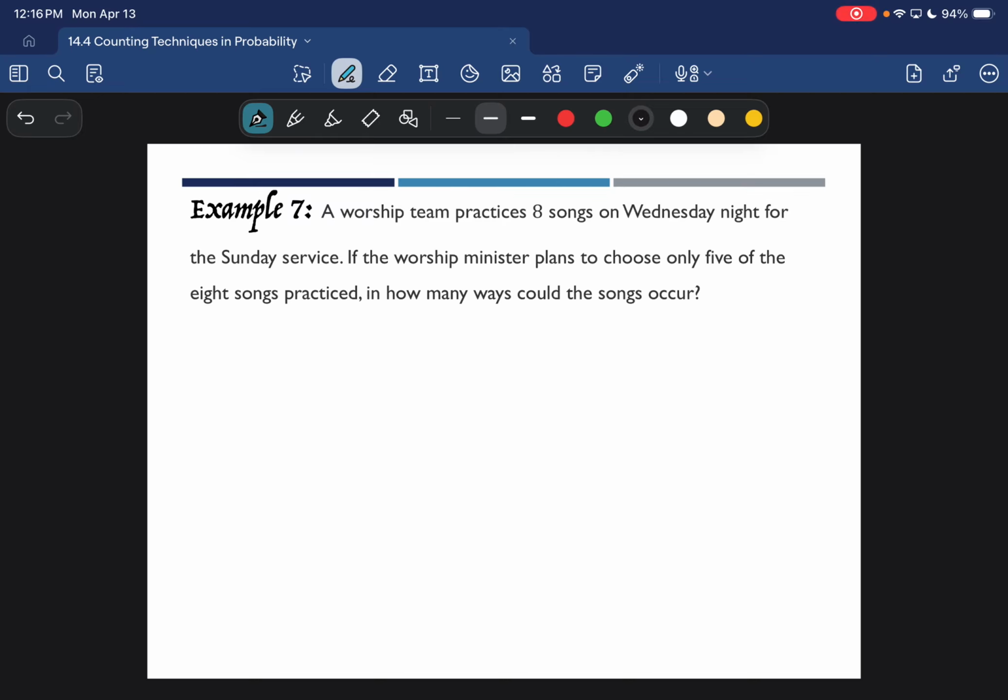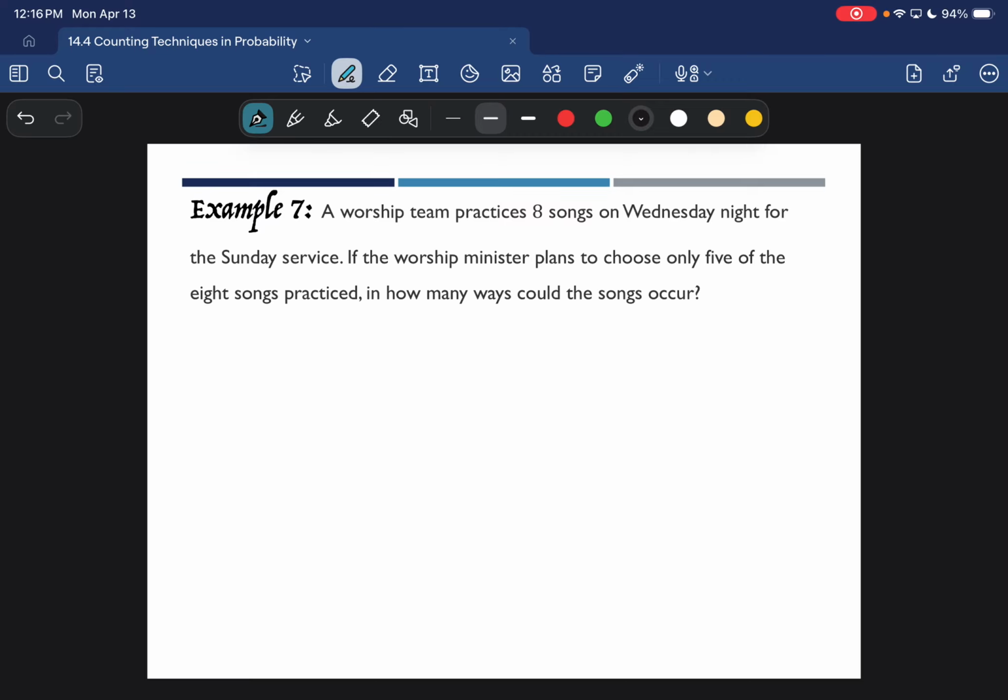Okay. So let's run through them, and we'll just go from start to finish on which ones can or can't work. There's actually 2 that work on this one, okay? So the first one we have is fundamental principle of counting. So if you are in a service and you're creating an order of worship, okay, and this would be true if you were doing a concert. It doesn't have to be about a worship service, but it would be true for a concert and things like that as well.